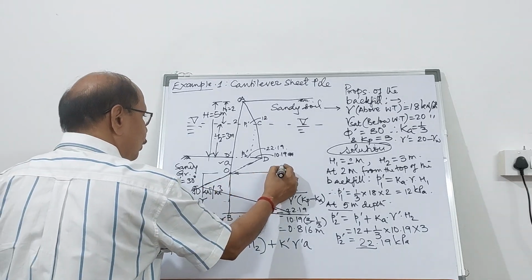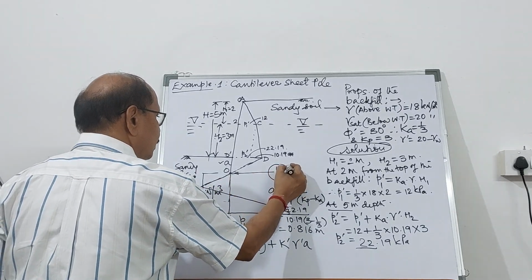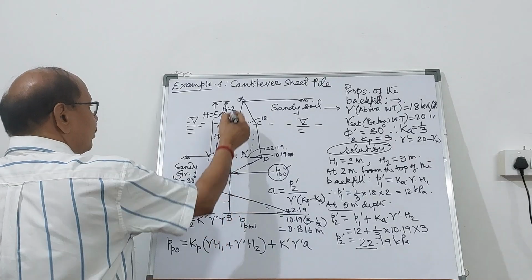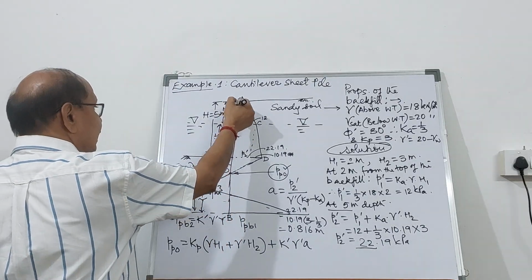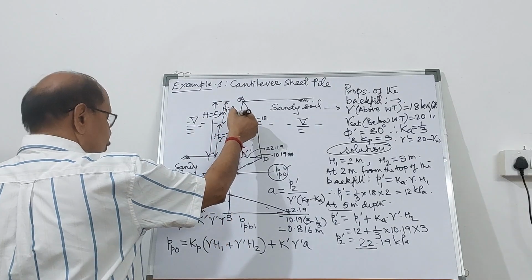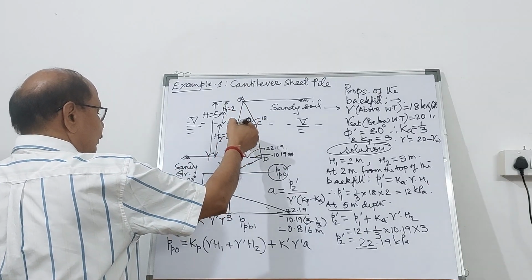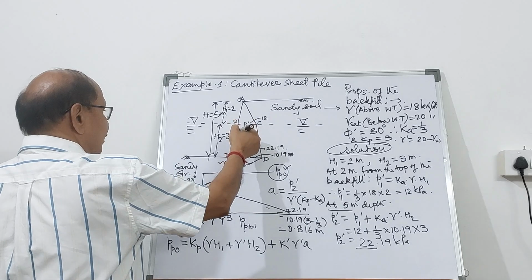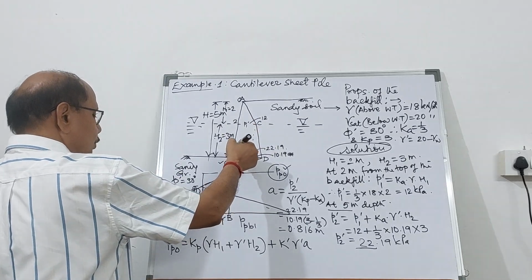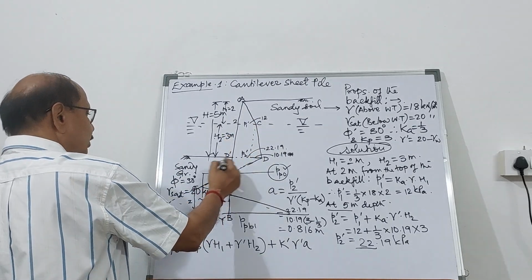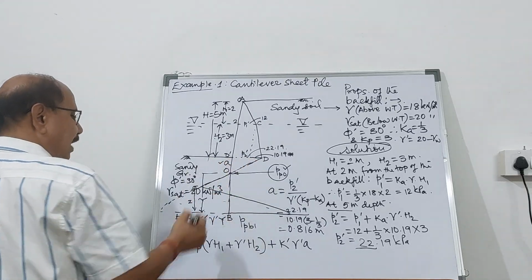PPO can be calculated as Kp gamma H1 plus gamma prime H2 plus K prime, because it is a mixed zone, active and passive.